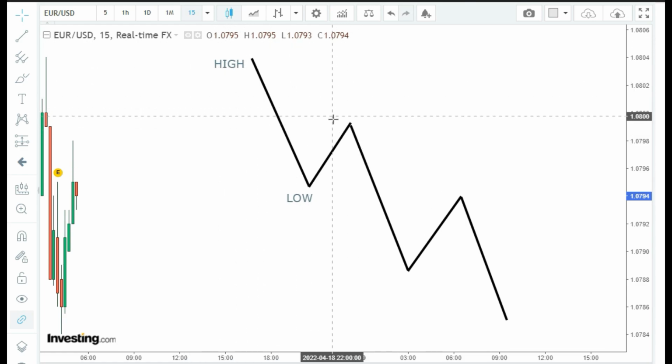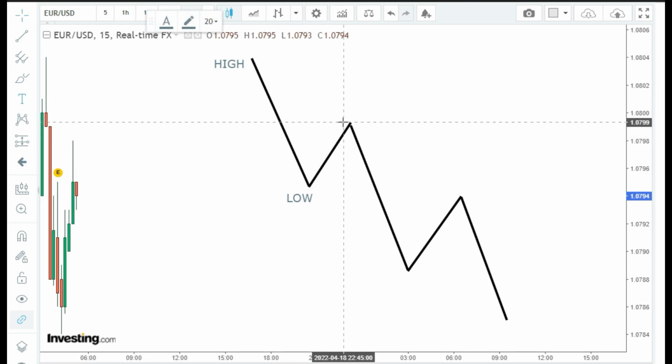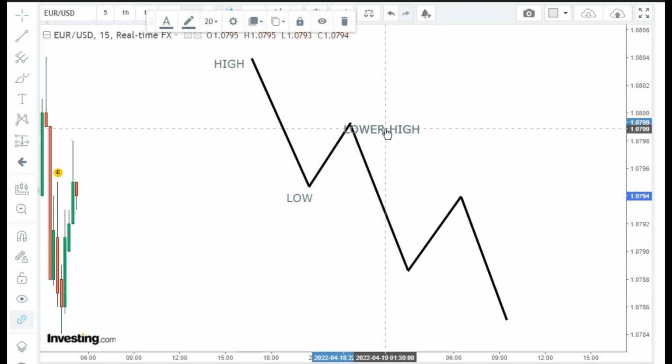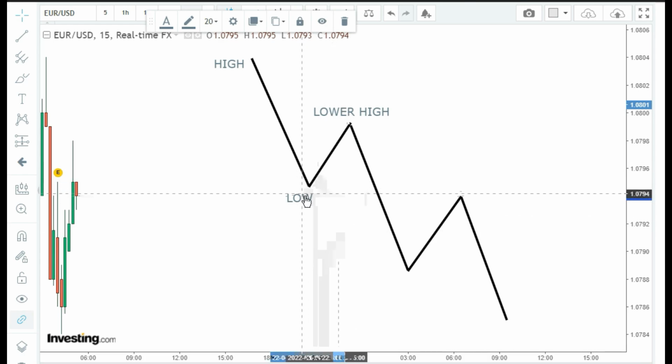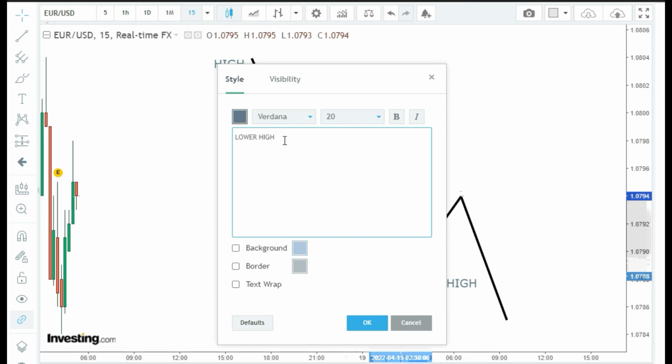So what we will call, this is lower high. And this point is lower than the previous low. So what we will call, we'll call it lower low.